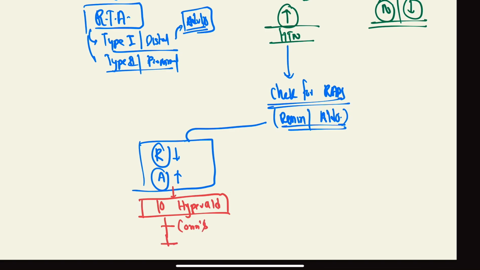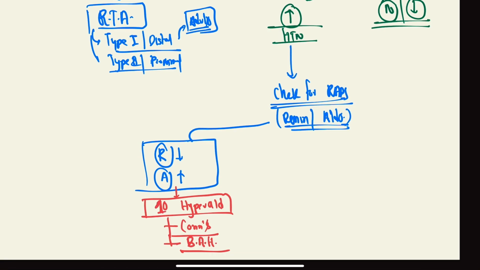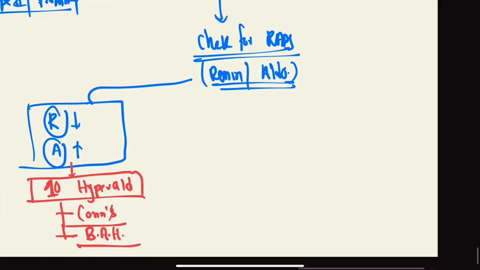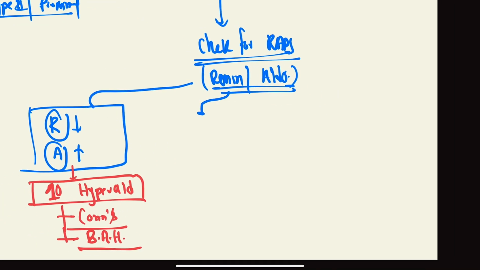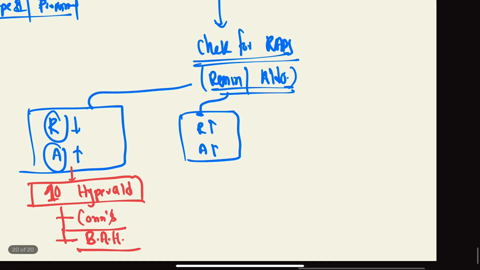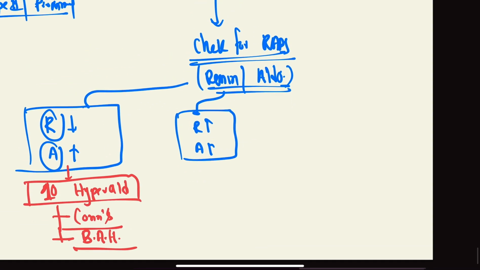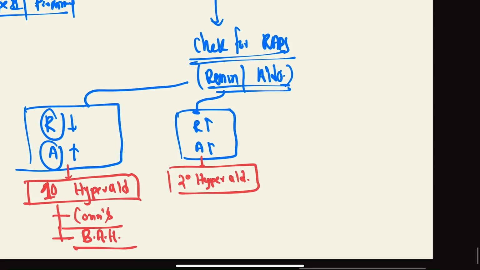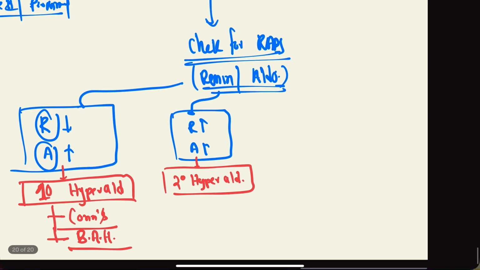It can also be due to bilateral adrenal hyperplasia, so we work up accordingly. If there is raised renin and raised aldosterone, then it is called secondary hyperaldosteronism, and it can be due to various conditions.